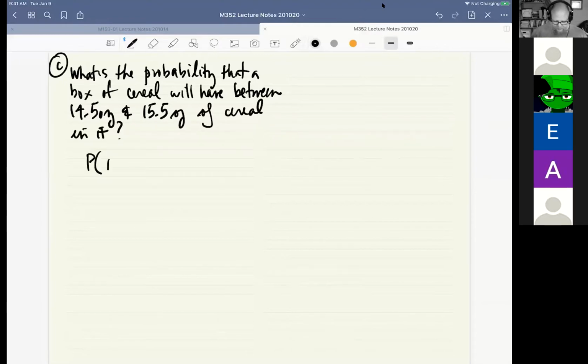So we want to calculate the probability that our random variable is between 14.5 and 15.5.